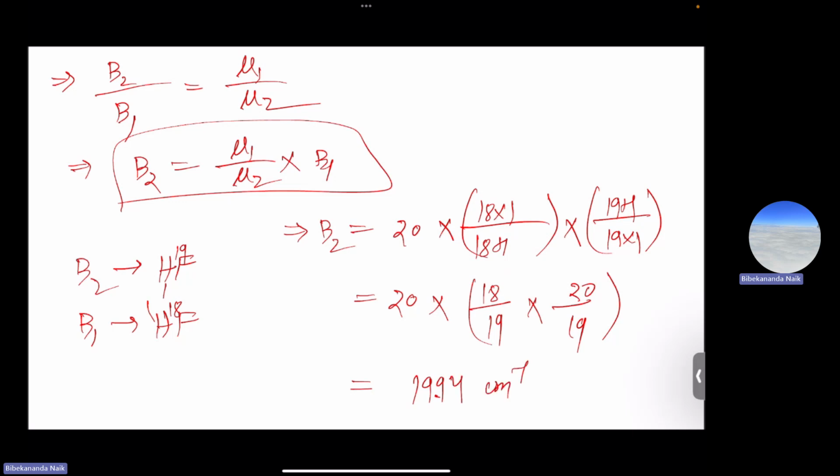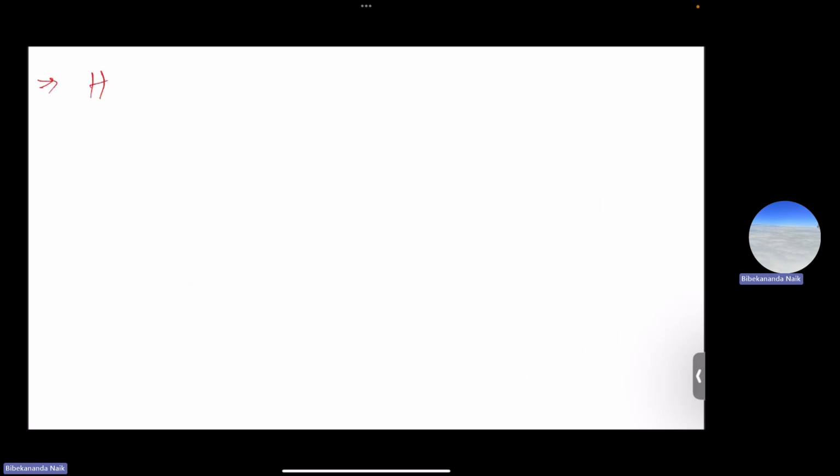Since B2 is 19.94 centimeter inverse, for H1 F19 the transition from J equal to 0 to J equal to 1 will be 2B2.